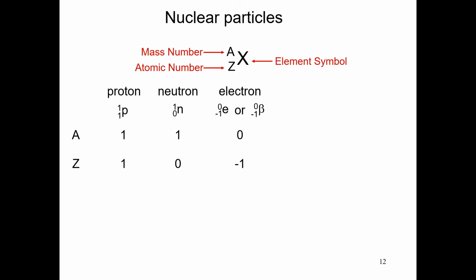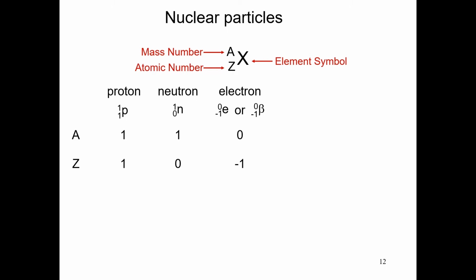So remember, in chemistry, we learned that electrons are the subatomic particles that exist outside the nucleus and whose properties are described by wave functions, by orbitals. And we know they have a -1 charge and such.